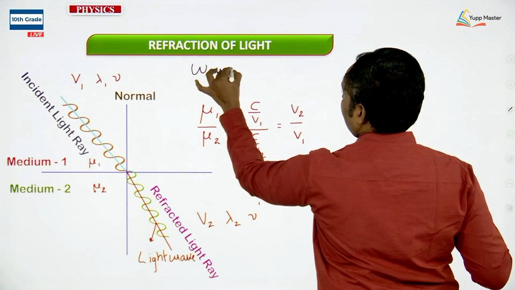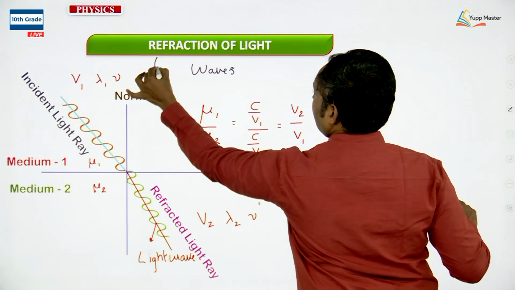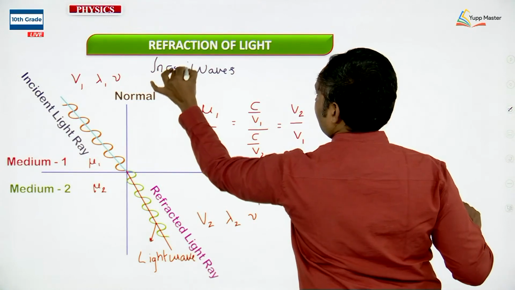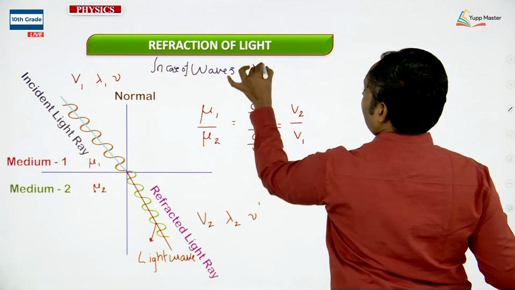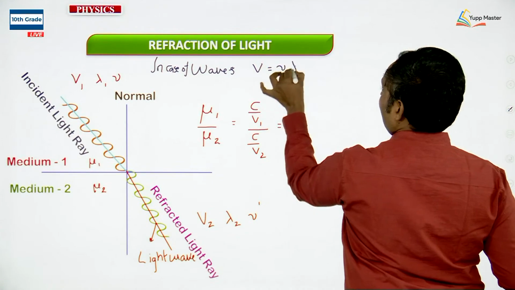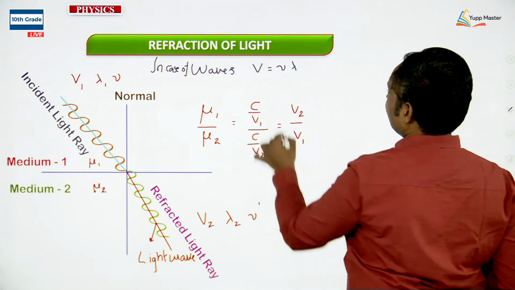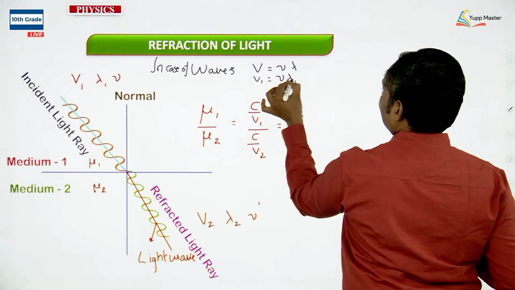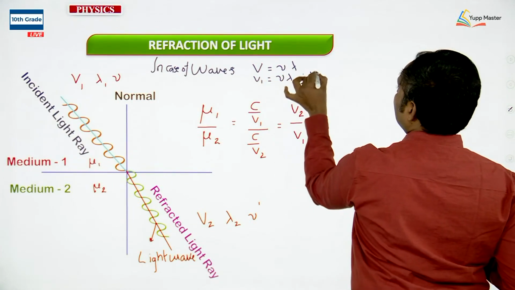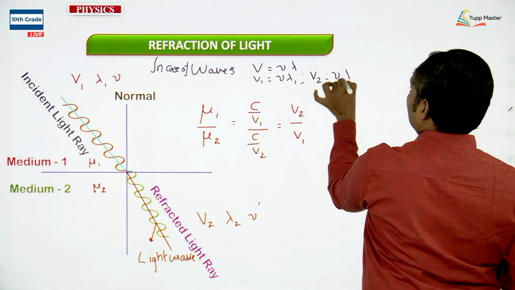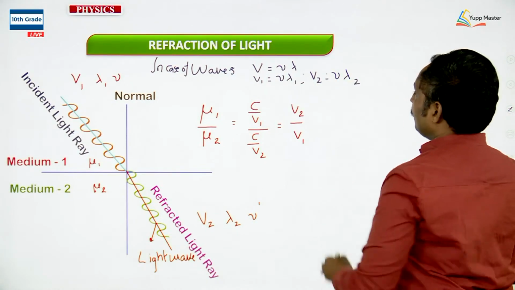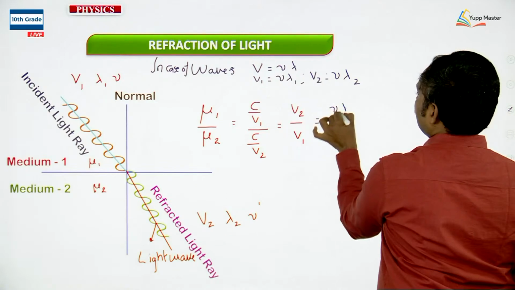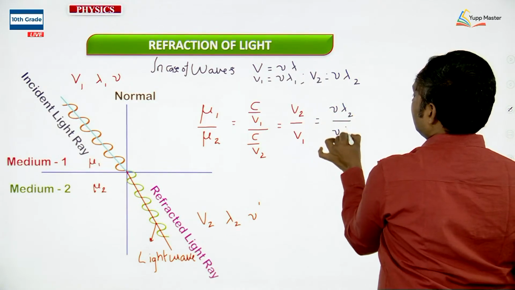In the case of waves, V is equal to nu lambda, very clear. V1 is equal to nu lambda 1, V2 is equal to nu lambda 2. So instead of that, can I write nu lambda 2 by nu lambda 1?